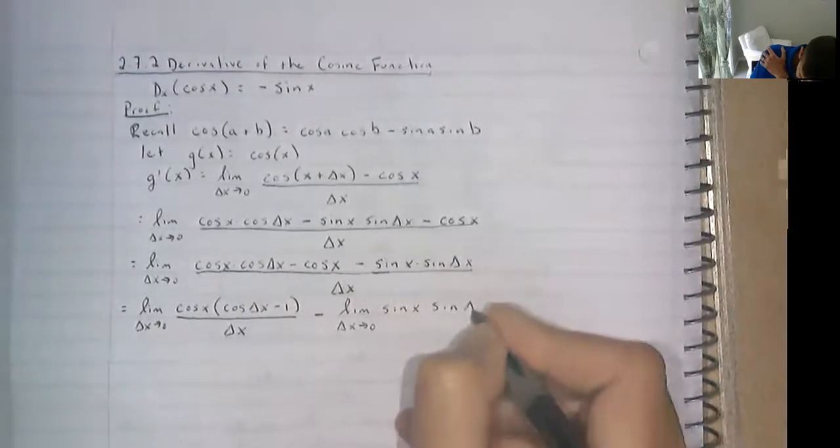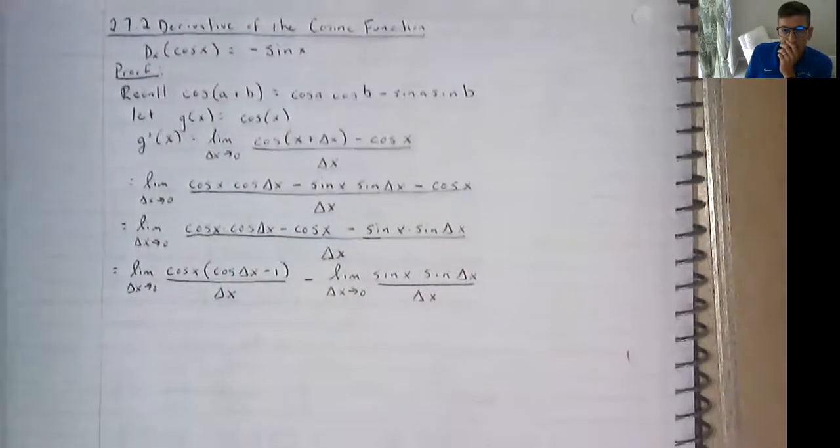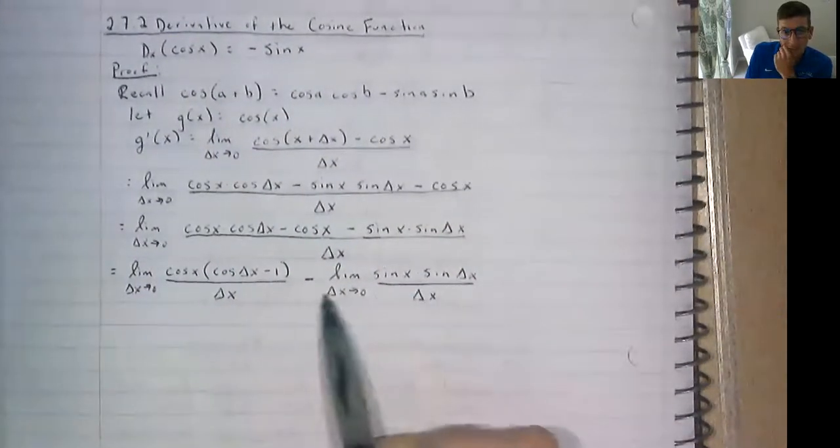I factored out this cosine of x divided by delta x minus the limit as delta x approaches 0 of sine of x times sine of delta x, all divided by delta x. And hopefully we can now see where this is going.